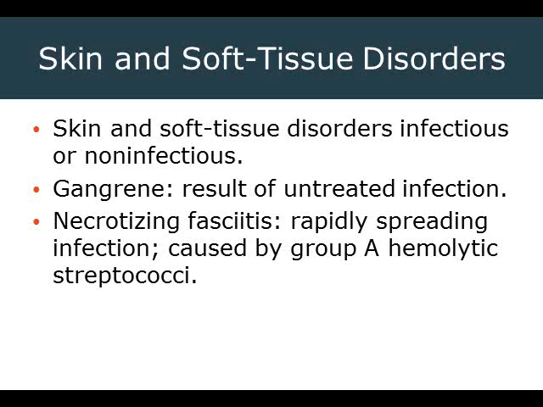It may get as ugly as necrotizing fasciitis. This is also called the skin-eating strep. It's a rapidly spreading infection caused by group A hemolytic streptococci. Basically, it's a skin infection that starts to quickly spread and devour other parts of the body.